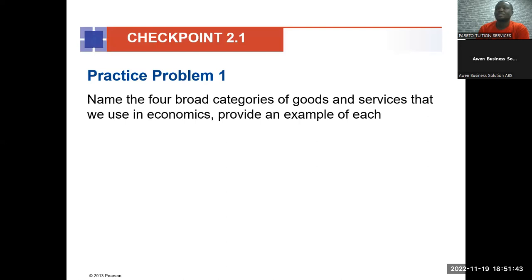The popular one, consumption goods. Yes, those are purchased by individuals for personal consumption. So that one we can give anything that we directly use. Anything that we directly use, we call it a consumption good.